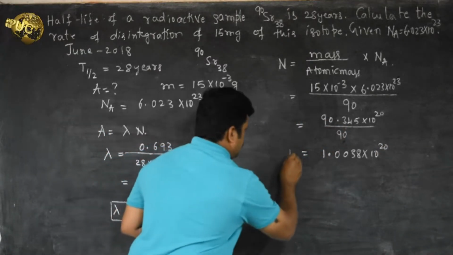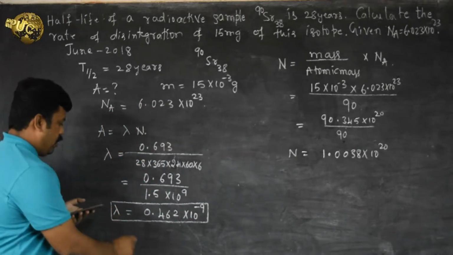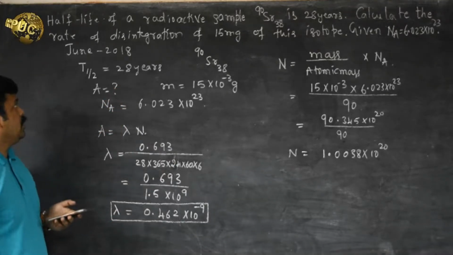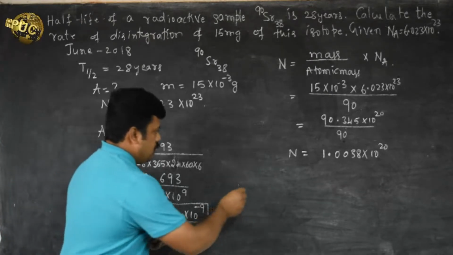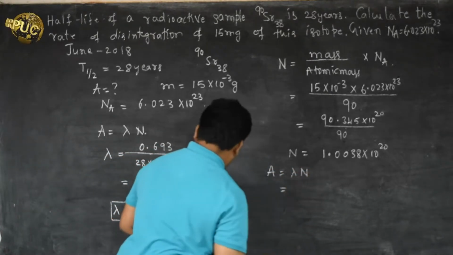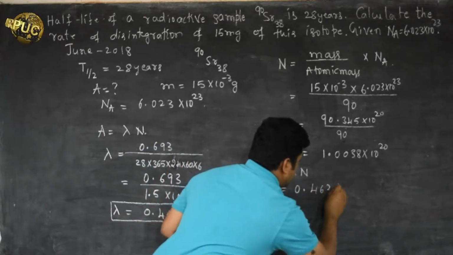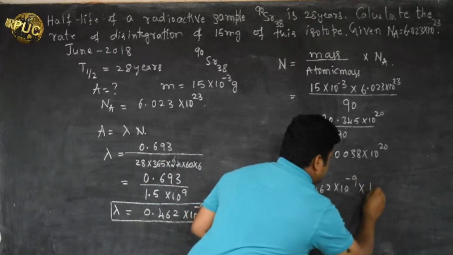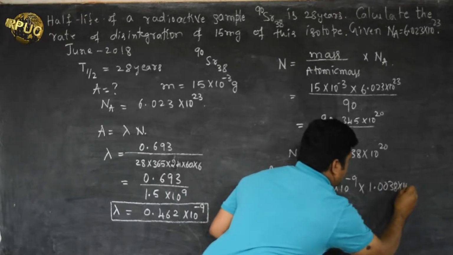So we got the number of atoms and we also have the value of lambda. Then we can find the activity, that is, the rate of disintegration. A is equal to lambda N. Lambda is 0.462 into 10 to the power minus 9, and N is 1.0038 into 10 to the power 20.